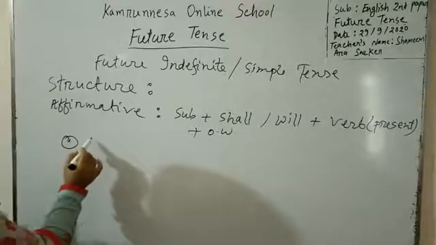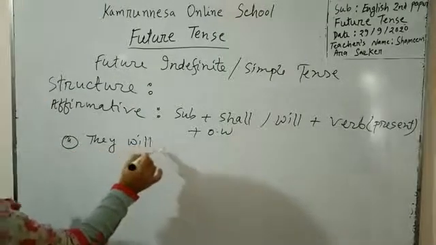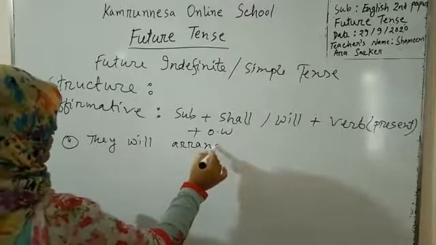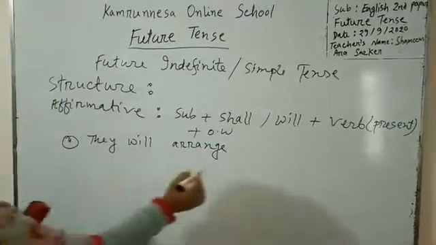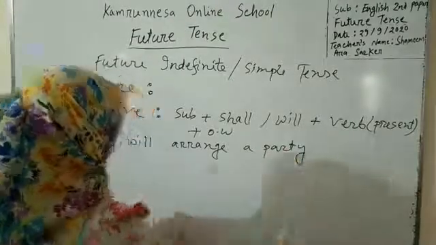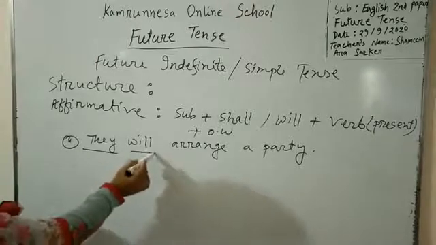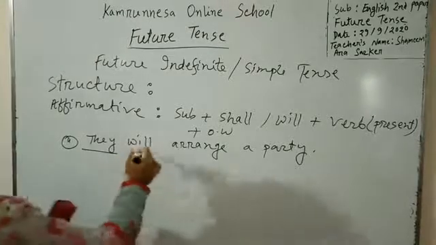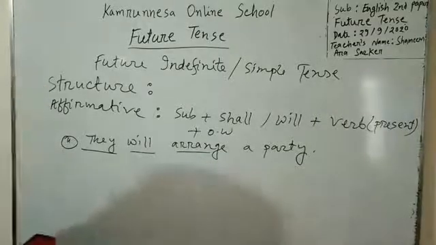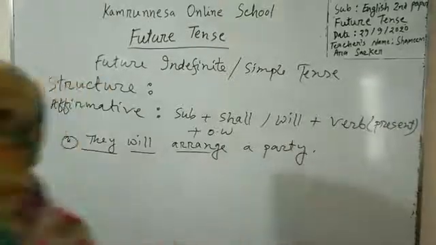Look at the example. They will arrange a party. Here, they is the subject, will is the modal auxiliary and arrange is the base form of the principal verb or present form. Another word.